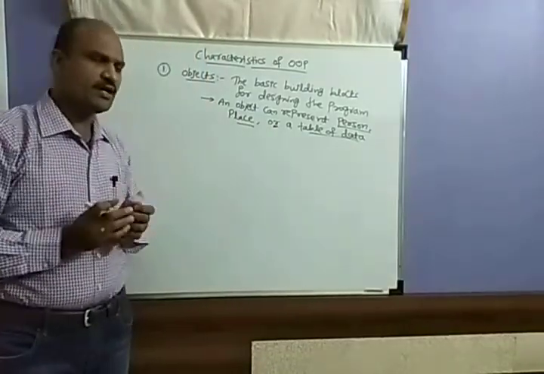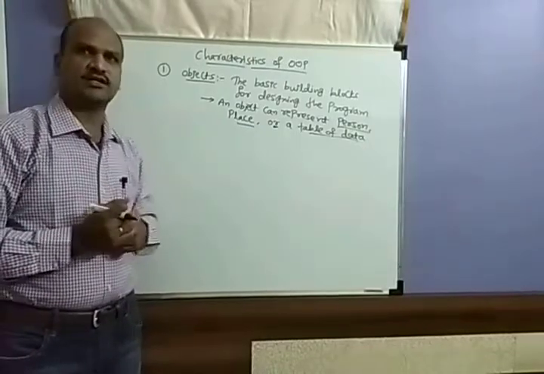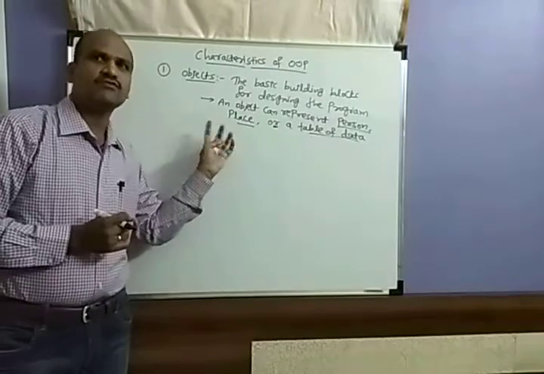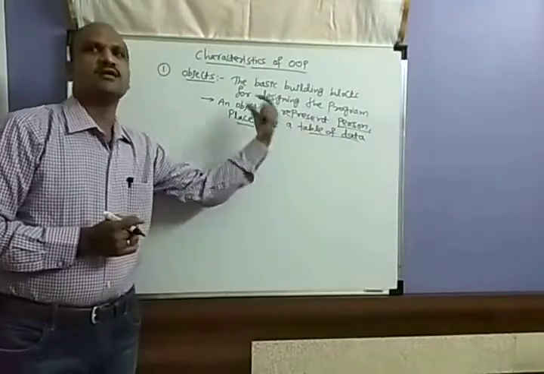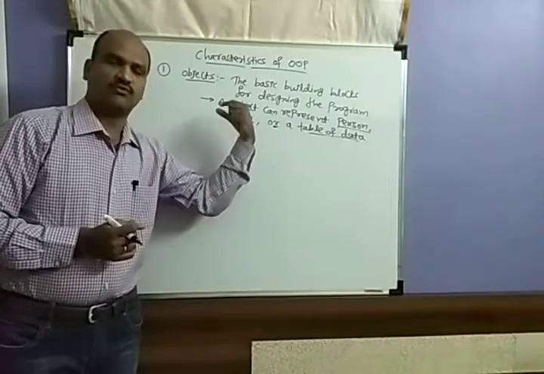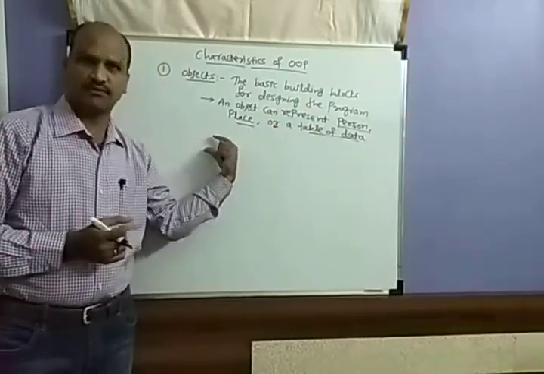The exact definition of the object in object oriented programming is that an object is a collection of data members and also member functions, the data members with the associated member functions.